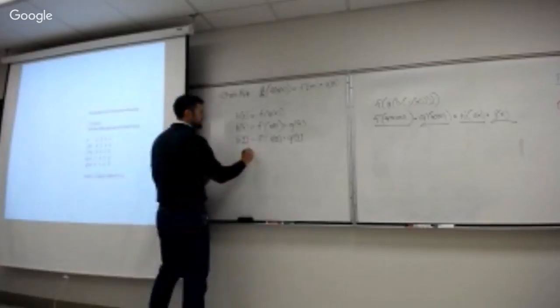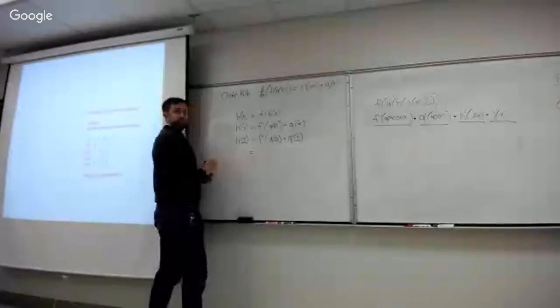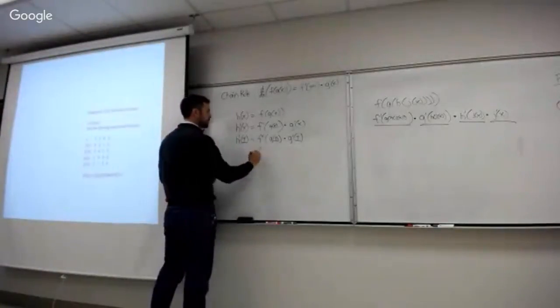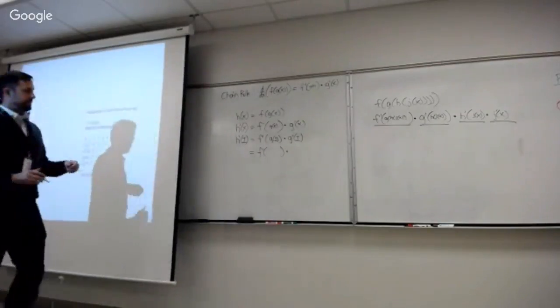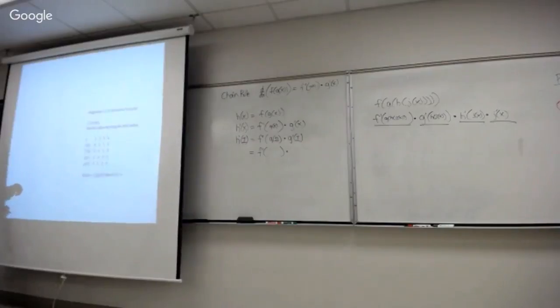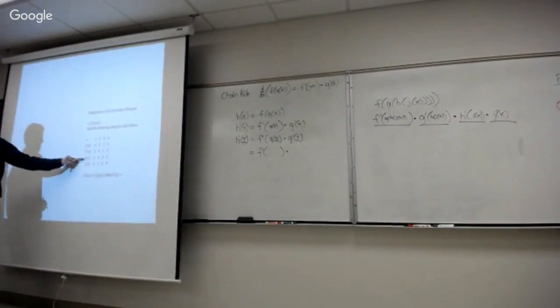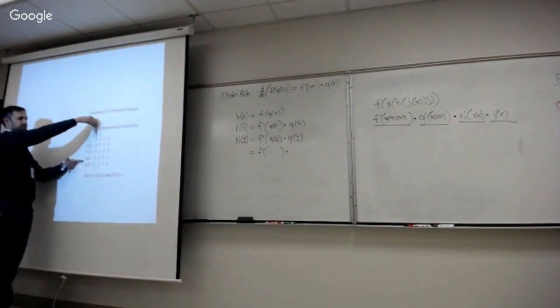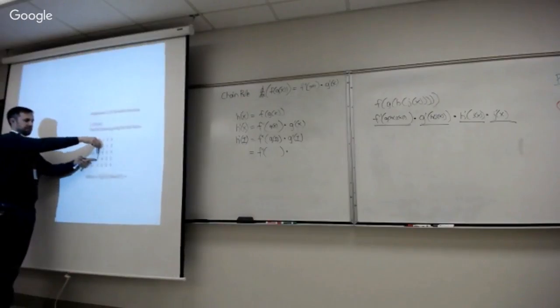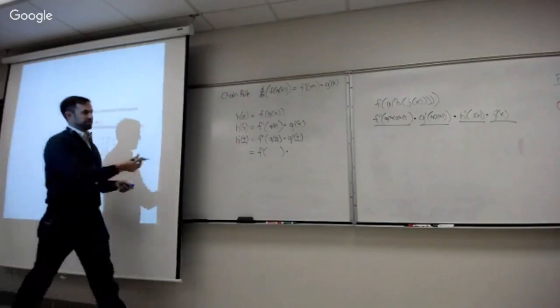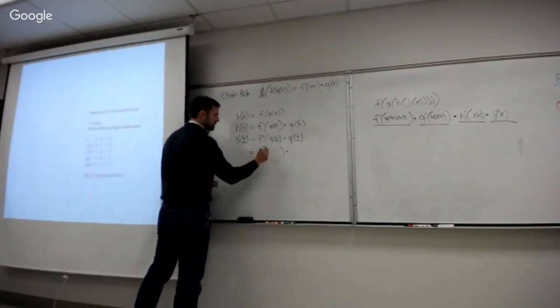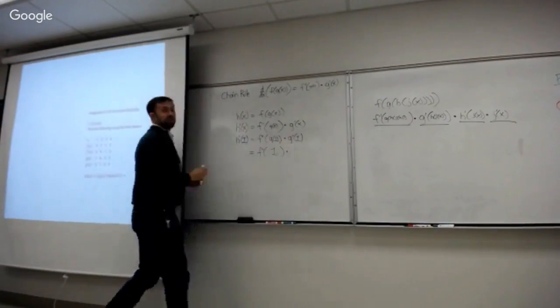Well, now we can go ahead and start looking things up in the table. What can we look up immediately? We can look up g of 1. So here's g of x, and I want to look up g of 1. So what's g of 1? Just equal to 1. So now I know that g of 1 is equal to 1. So right here, I'm going to put a 1. And then what's g prime of 1?